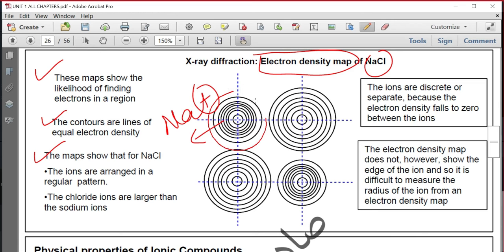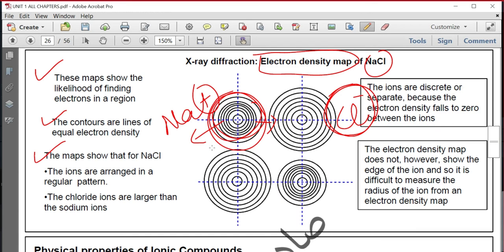See, all the lines are in itself. They're not touching the other one. And this is chloride. So this shows the existence of ionic substances. The ions are discrete or separate because the electron density falls to 0 between the ions. So there is no electron density in between. That's why they are separate.